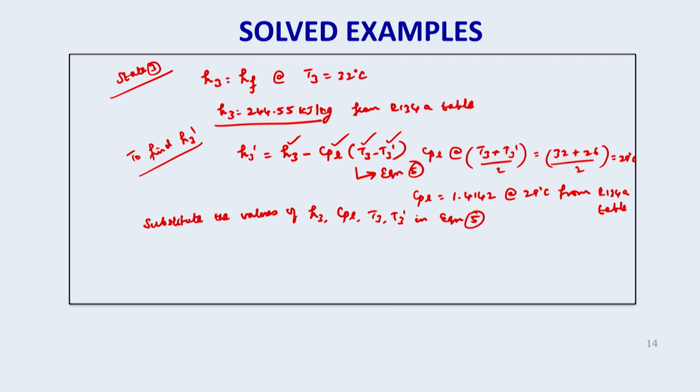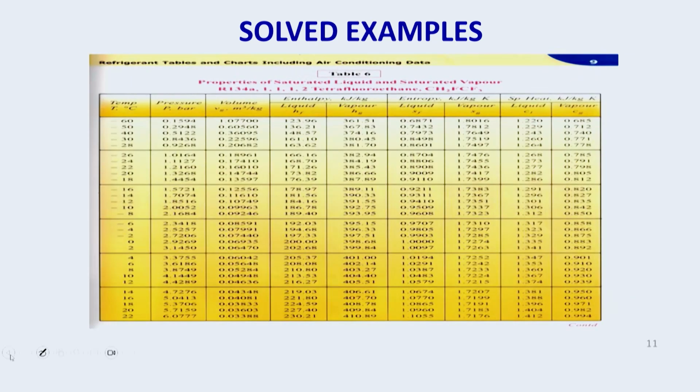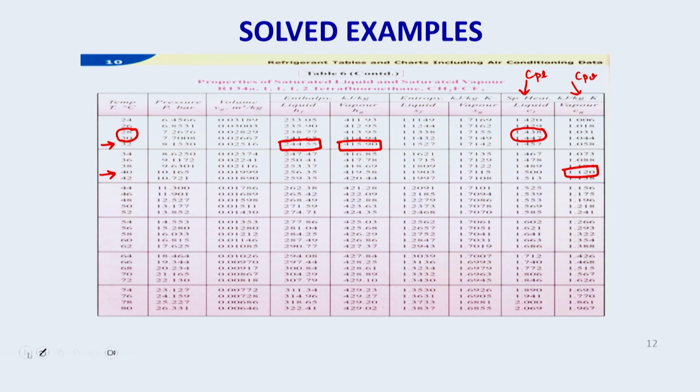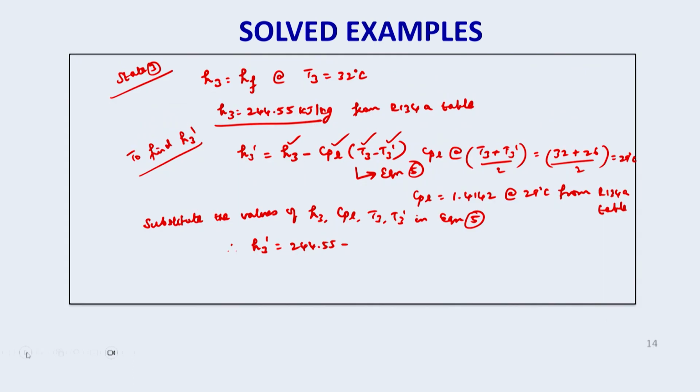So H3 dash is equal to H3, which is 244.55. Cp of liquid, small correction, it is 1.442.